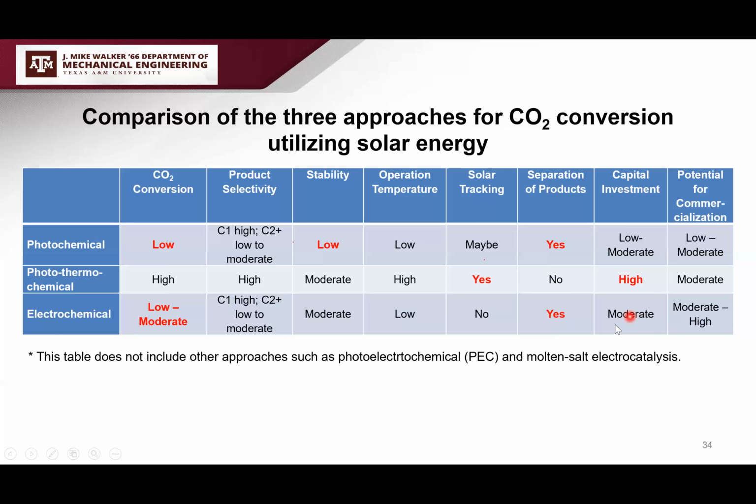But the overall investment, I think it's low. And so it's moderate, but you have to apply PV plus this electrolyzer. But PV price is going down dramatically. So that's why I label the commercial potential as moderate to high. So, to conclude, you can see also that in recent years, I'm working more on this area, maybe because it has a relatively higher potential for commercialization.